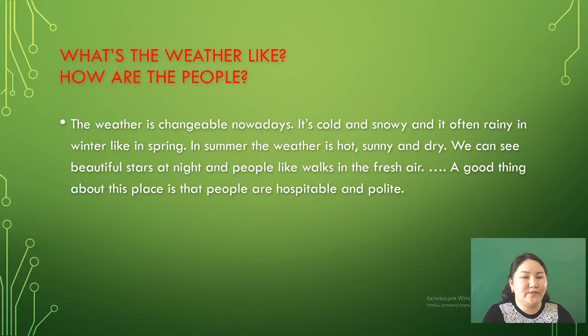We can see beautiful stars at night, and people like walks in the fresh air. Also, you can add more details, like describing the weather in autumn or spring, and also how the people are. A good thing about this place is that people are hospitable and polite.